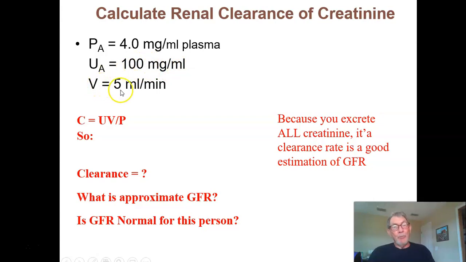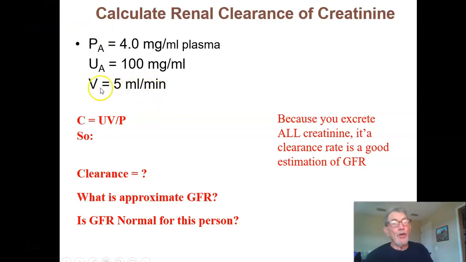And the volume that they produced was 5 mLs per minute. Maybe you had them pee for an hour and did 5 times 60, so 300 mLs per hour or something like that.